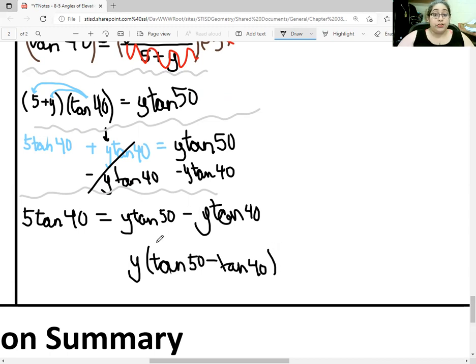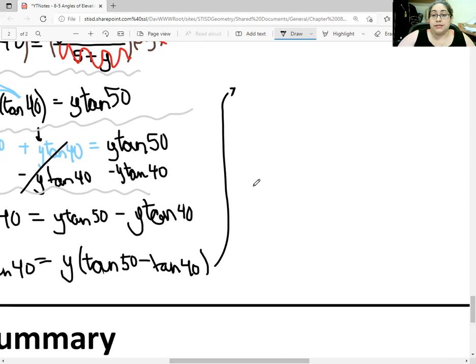So if I were to distribute this y out, I would get back to the line right above it. All right, gonna put my left-hand side back. There we go. And now to get y by itself, I need to divide by all of this stuff. All right, that's gonna go right over here.